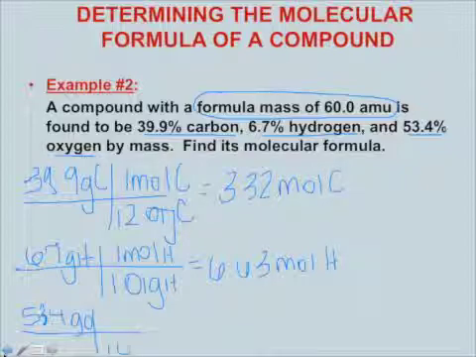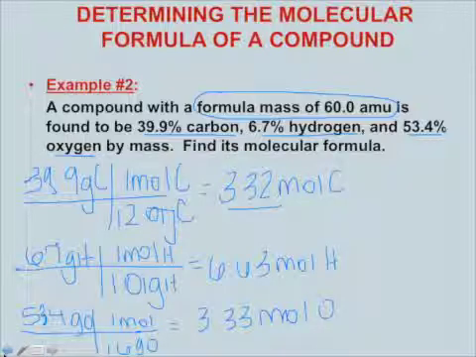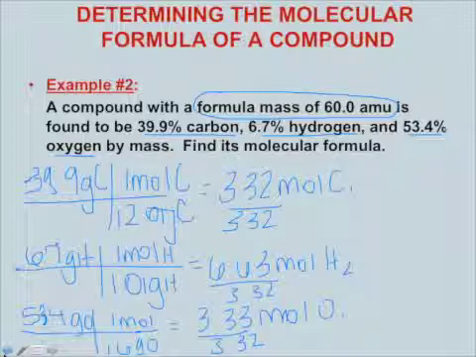So I'm going to divide by 16 on the bottom. So there are 16 grams per mole there. 53.4 divided by 16 is 3.33, which is basically what we had for carbon up there. So I'm going to divide all these by the smallest, which I'm just going to pick as 3.32. It's close enough. You'll divide these and you'll see that you've got 1 carbon, 1 oxygen, and 2 hydrogens.